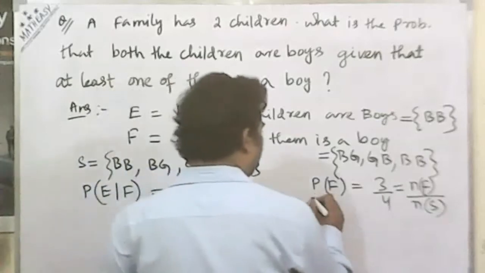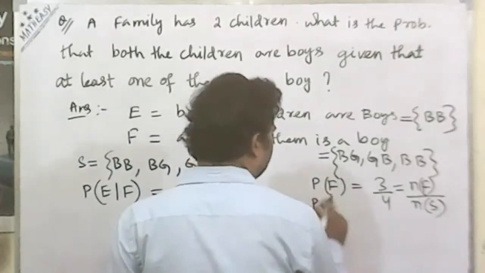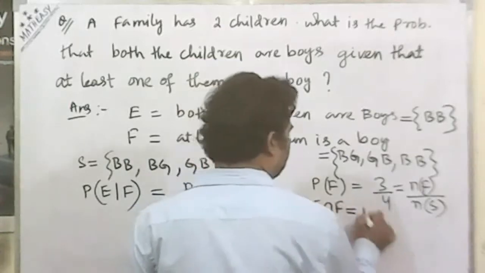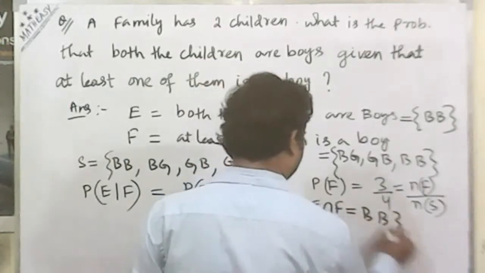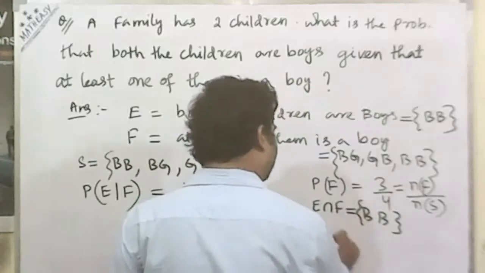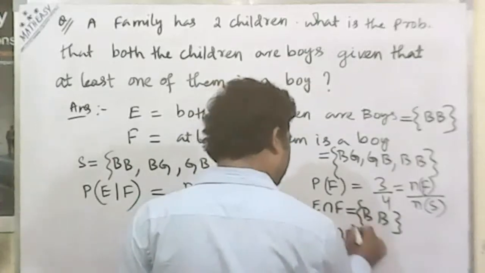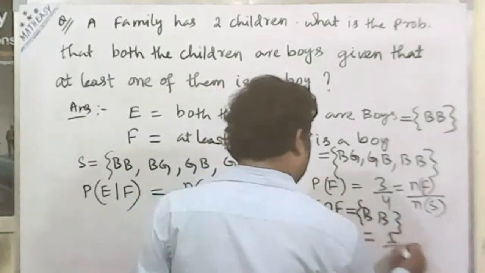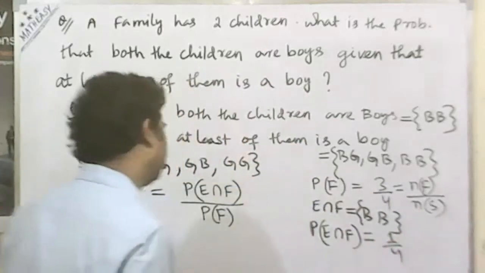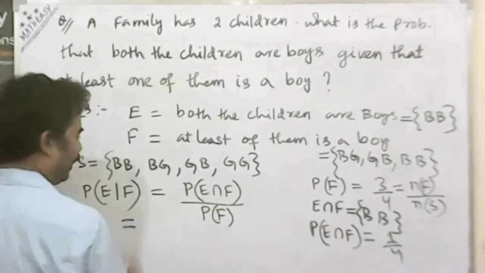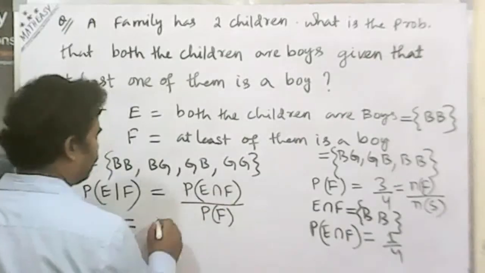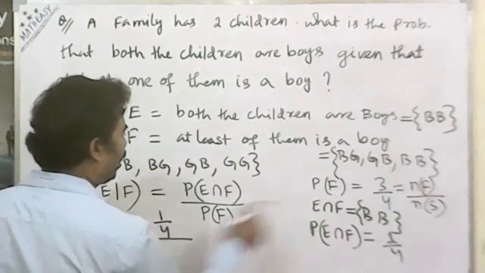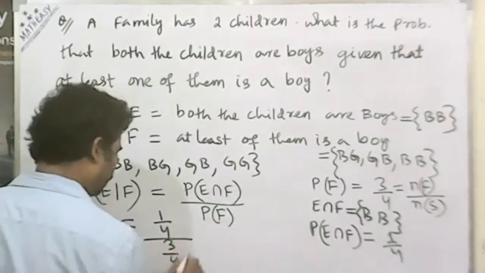Similarly, probability of E intersection F: E intersection F is simply BB. Probability of E intersection F is 1 by 4. Now you put it here: E intersection F is equal to 1 by 4 and probability F is equal to 3 by 4.